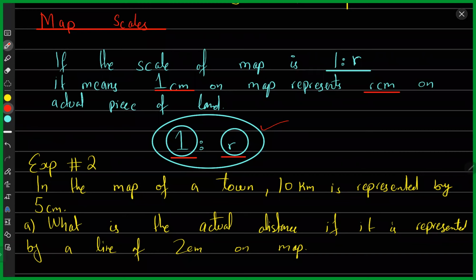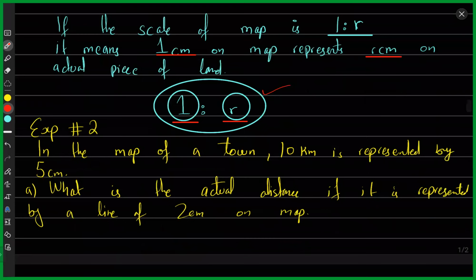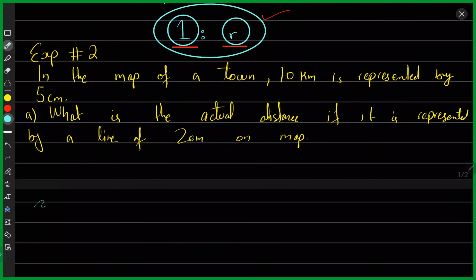Now this is just a formula for making the ratio. Considering our scenario in the example, it's 5 centimeters on the map and 10 kilometers in actual, right? So it's 5 centimeters ratio 10 kilometers. What is the actual distance if it is represented by a line of 2 centimeters on the map?